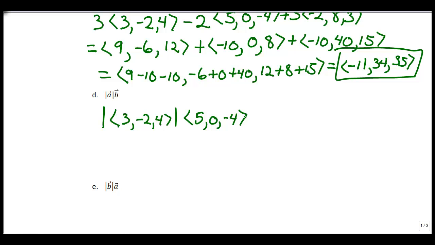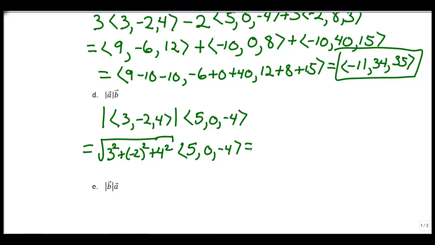So the magnitude is the square root of 3 squared plus negative 2 squared plus 4 squared. That's the magnitude of 3, negative 2, 4. We multiply that by 5, 0, negative 4. So 9 plus 4 is 13, plus 16, that's 29.